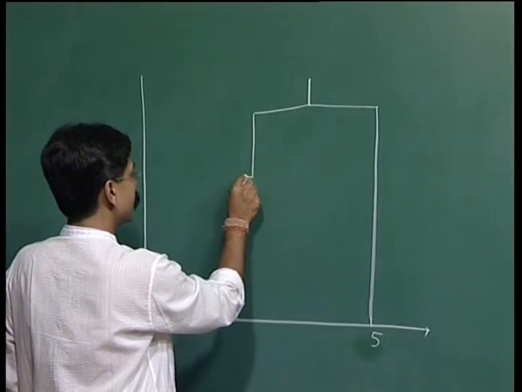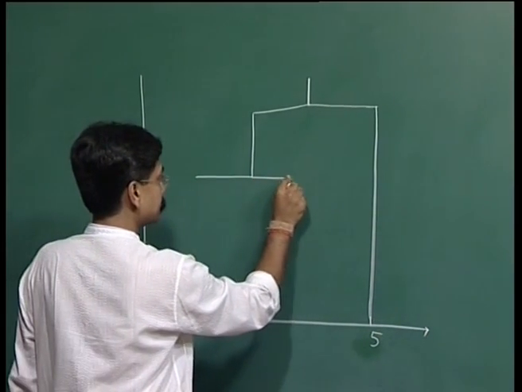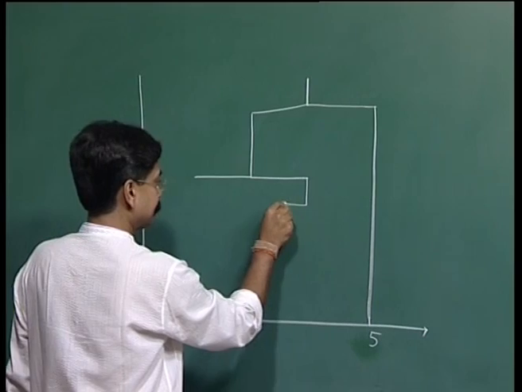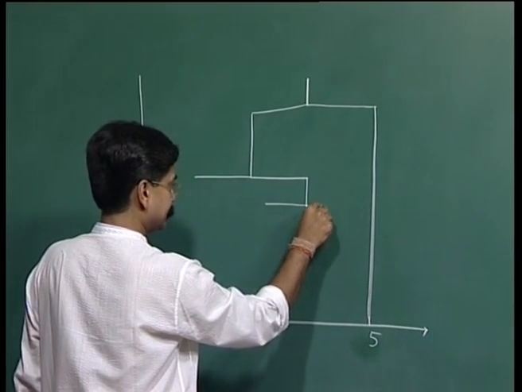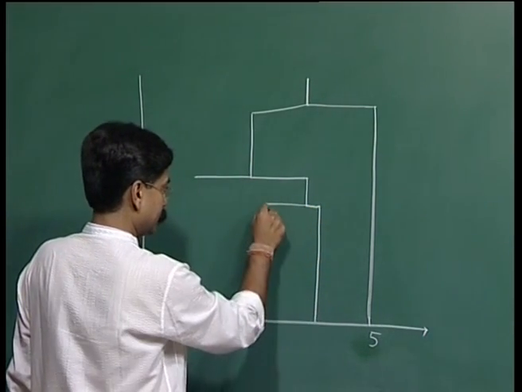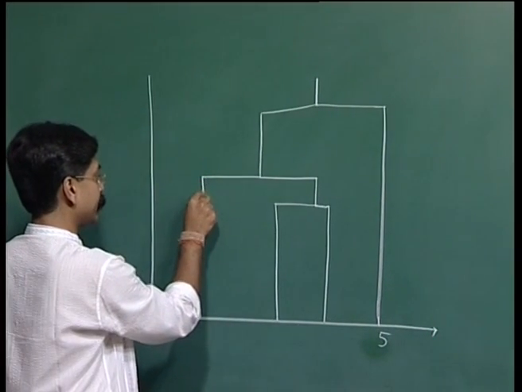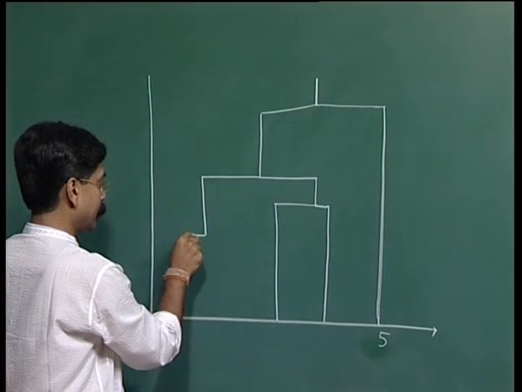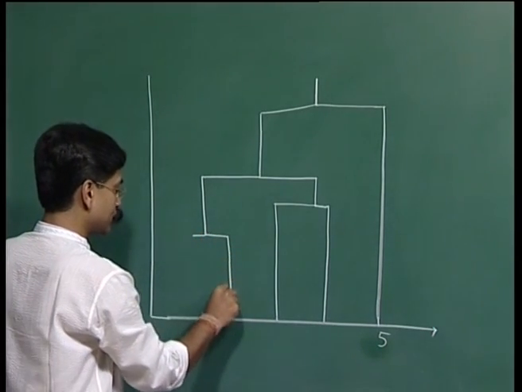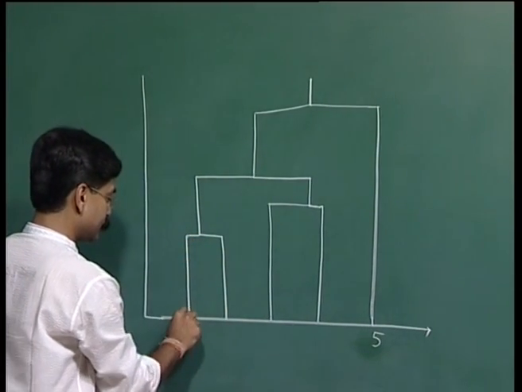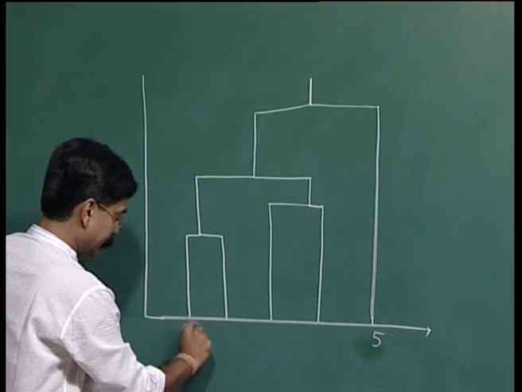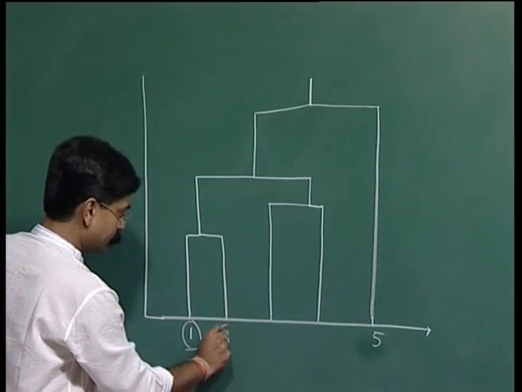Then we had two branches, one of them containing 1 and 3 perhaps, which was the first to get formed into one cluster. So this is case number 1, this was case number 3.